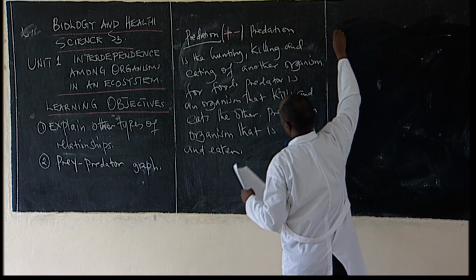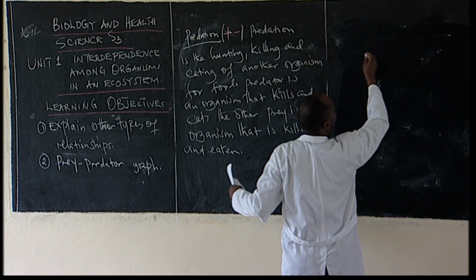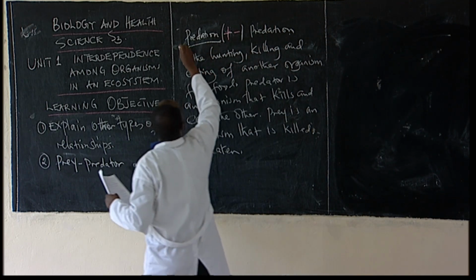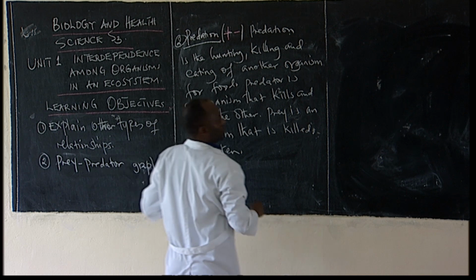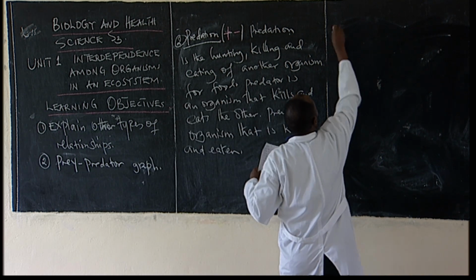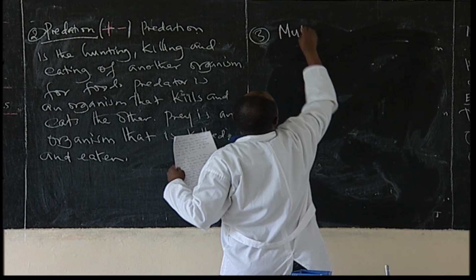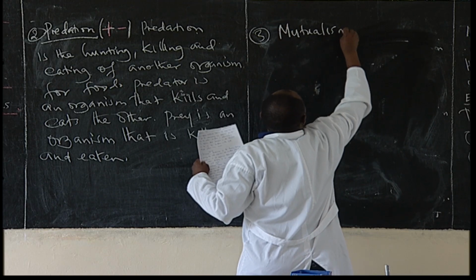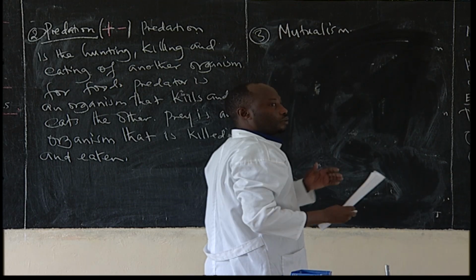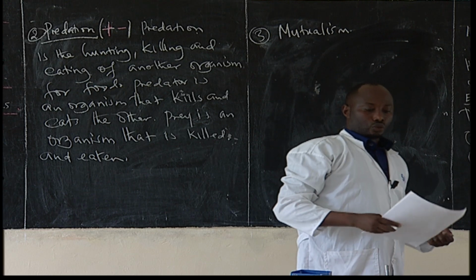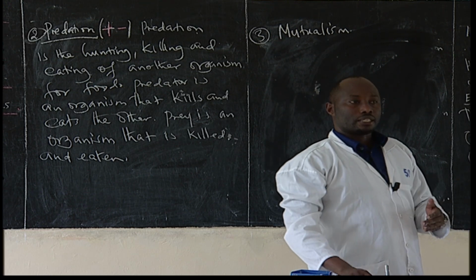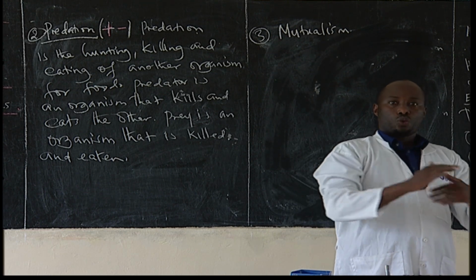Number one was parasitism. Then three, let's talk about mutualism. The word mutual means to live together, where it is like you wash my hands and I wash your hands.